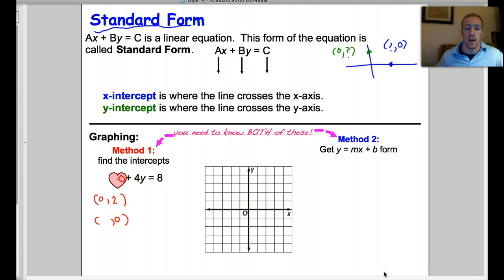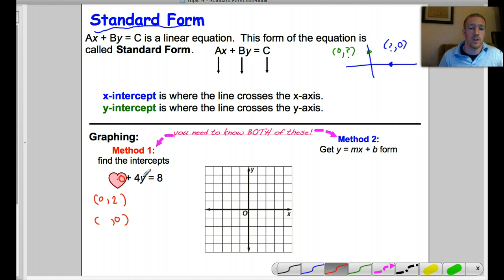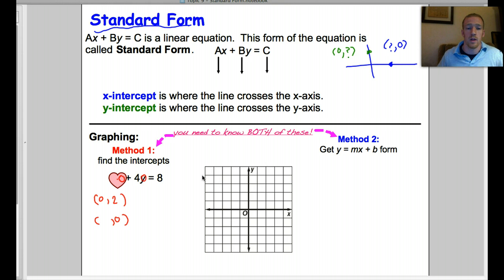And if I'm plugging in a 0 for the y, I take my finger and cover this term, and I have the simple equation 2x equals 8, because the 0 has canceled that term. So x has to be 4.